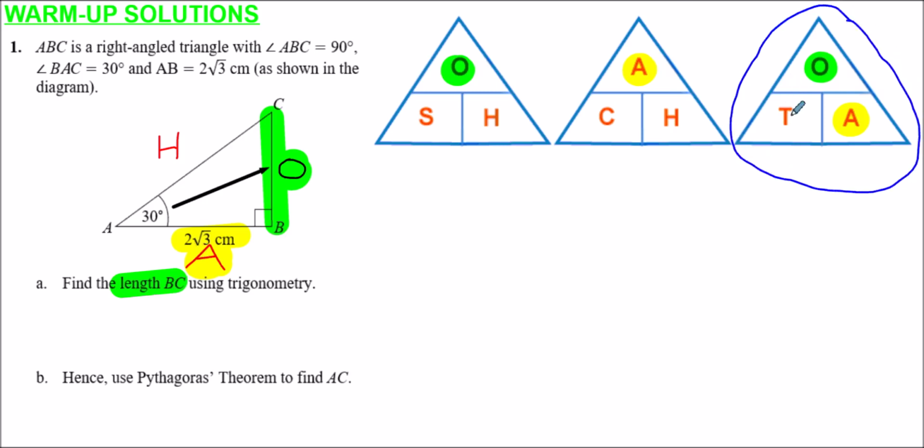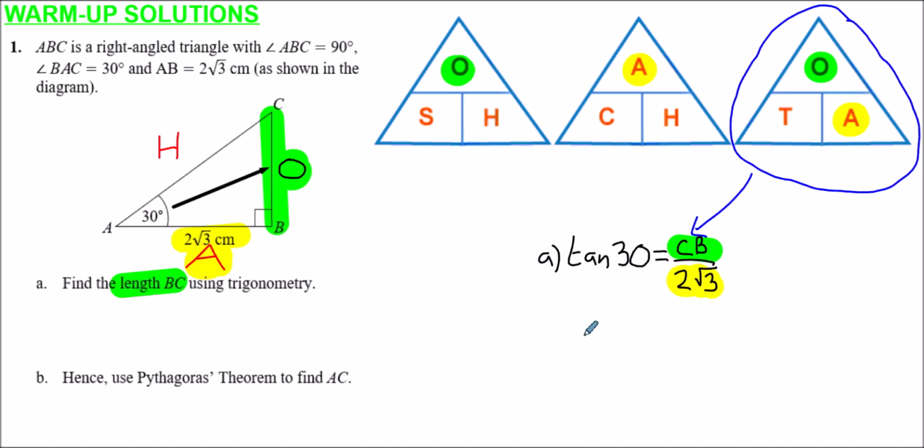angle in question. So, based on this for part A, I'm going to write T for tan of the angle in question, tan 30 in this case, equals O over A. O is CB, and A is 2√3. Just colour coding that: O is the length CB, and AB is 2√3. So we can easily rearrange this to work out what the length CB is.